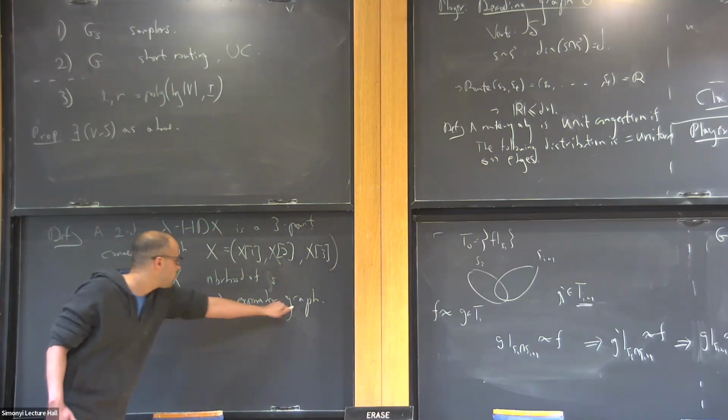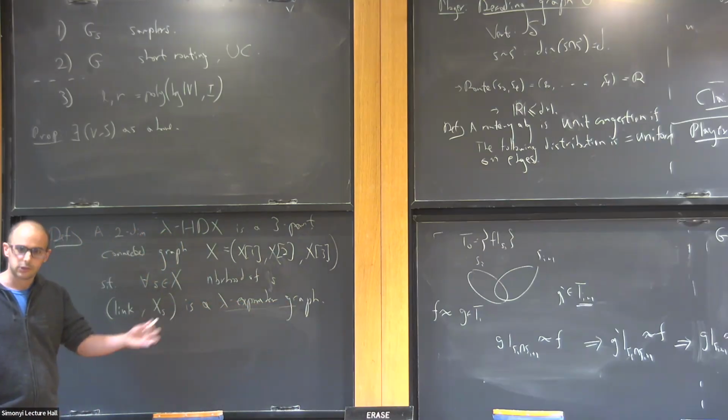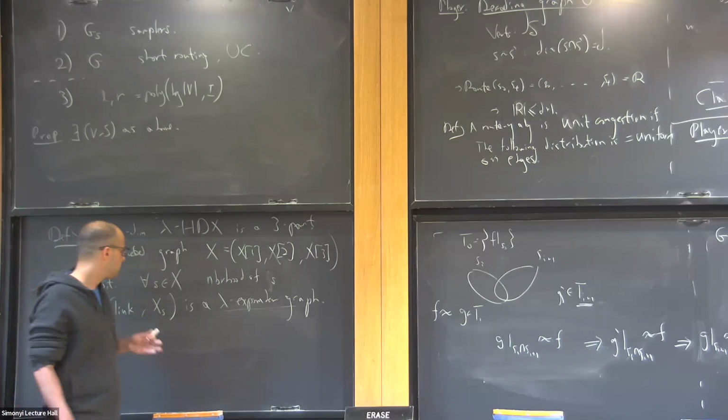So here, when I'm writing expander graph, I mean a spectral expander graph. Second largest eigenvalue is less than lambda.